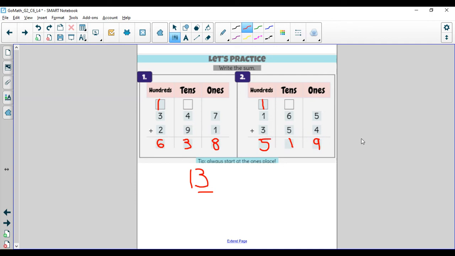Did we need to regroup in this problem? If you said yes, you are correct. Where did we regroup? If you said in the tens and we moved it to the hundreds, you were also correct. Now, my question is, why did we need to regroup? We added 6 plus 5, which made 11. 11 is made up of 2 digits.